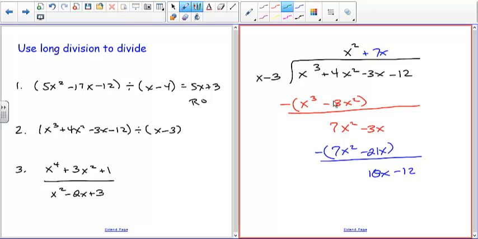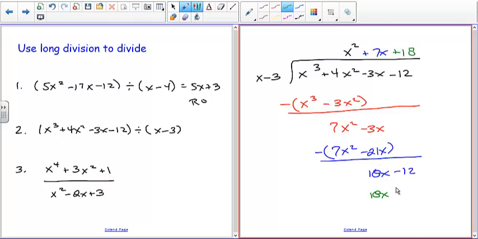Okay, final try here. What do I need to multiply x by to get 18x? The answer is 18. Okay, multiply that by both of those terms. 18 times x is 18x. 18 times negative 3 is going to be, that's 30 plus 24, 54.